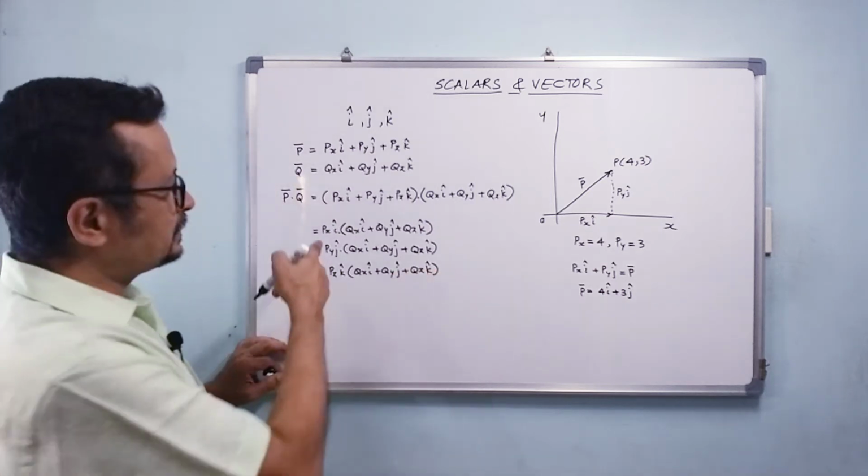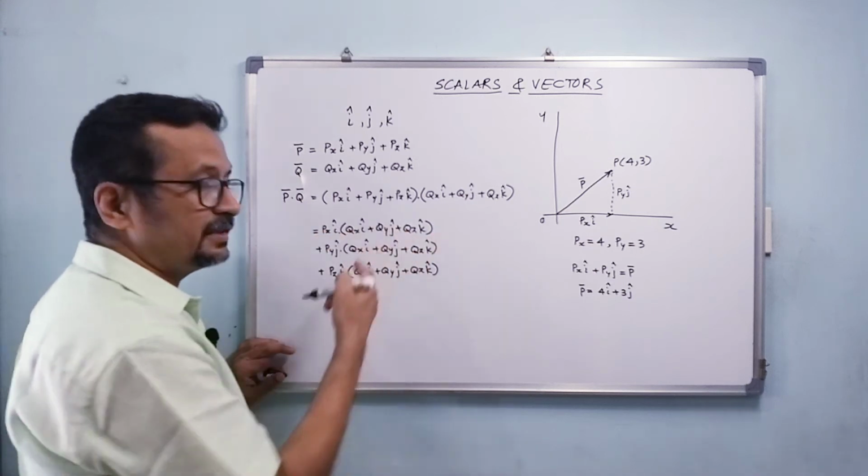Now let us multiply by the vector inside the bracket.